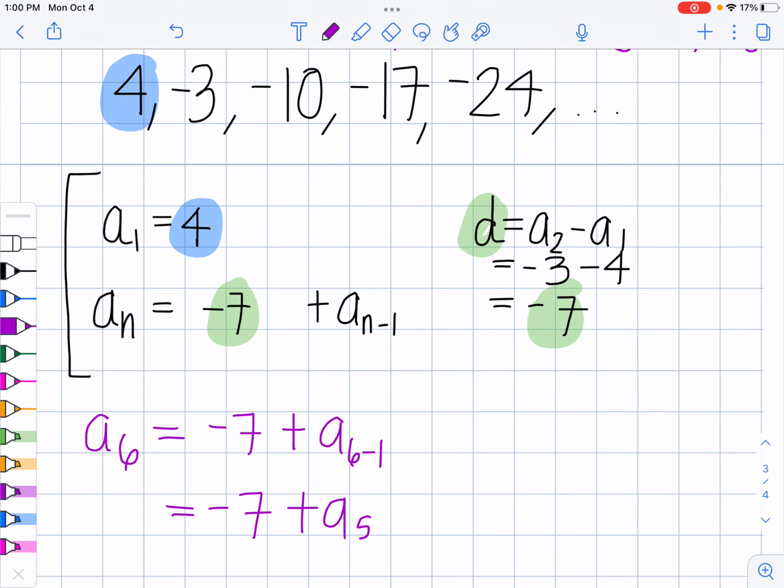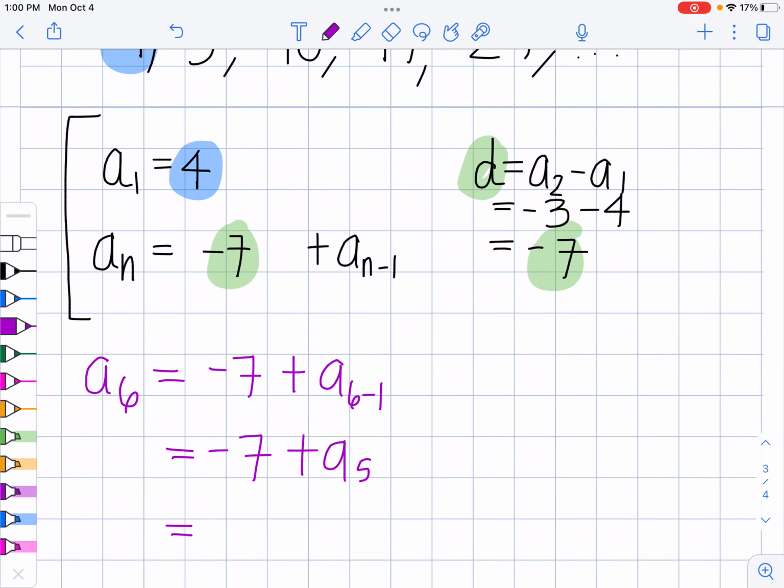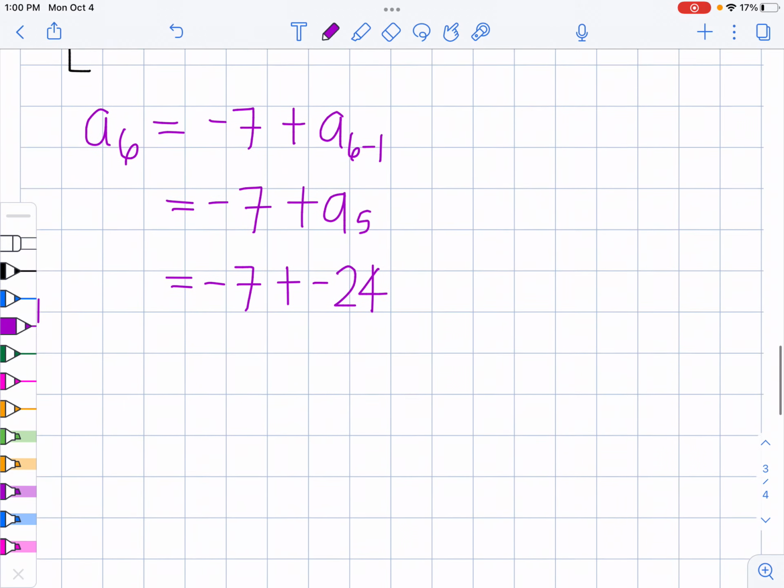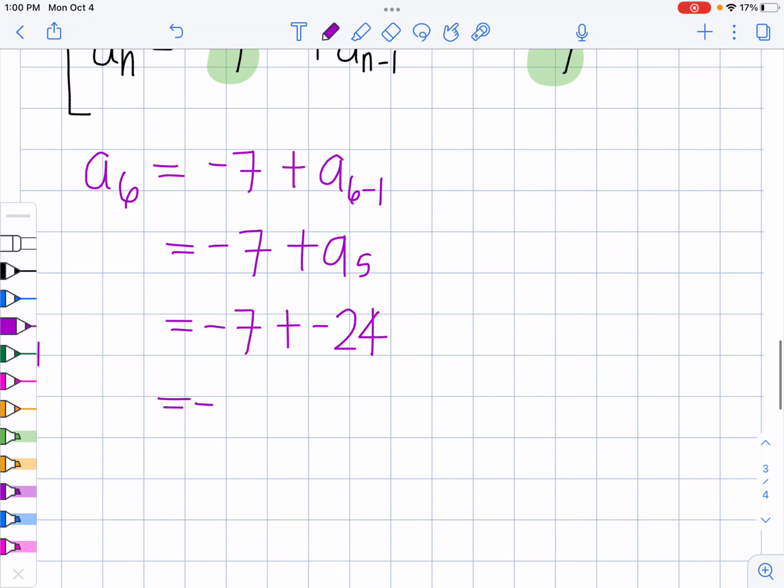And my 5th term is -24. -7 plus -24. I can use a calculator if I can't figure that out quickly in my head. Gives me -31. This is my 6th term.